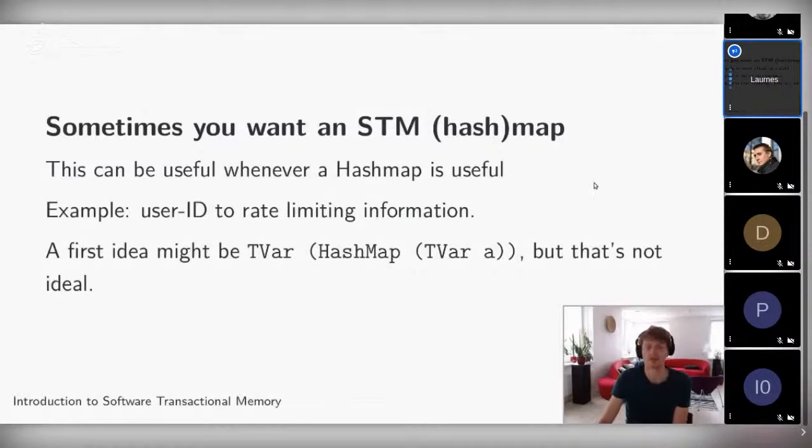Why isn't this very ideal? It's a bit involved to explain, but the basic idea is if this hash map gets a lot of traffic, and traffic means if there's a lot of threads all doing things with this hash map, those STM transactions conflict with one another, especially if you have writes.